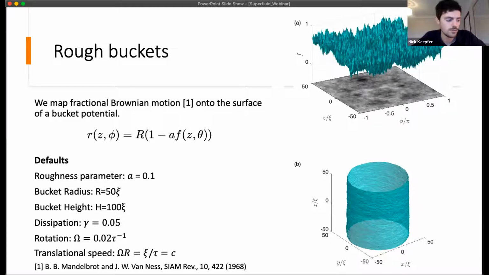Some numerical studies into superfluid boundary layers found that you can get nucleation of vortices at speeds of about 0.4 c. So this is well above the value we need to generate vortices, and high enough so that when we do generate the vortices, they can reach into the bulk and form the vortex lattice that we're looking for.